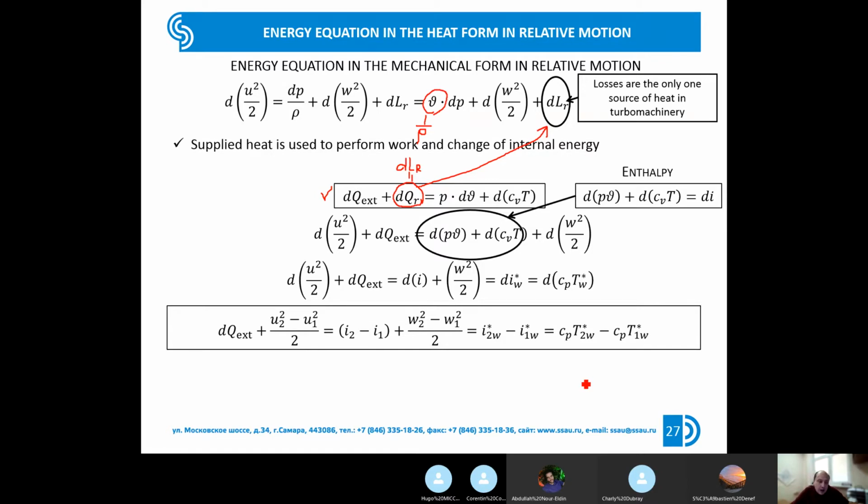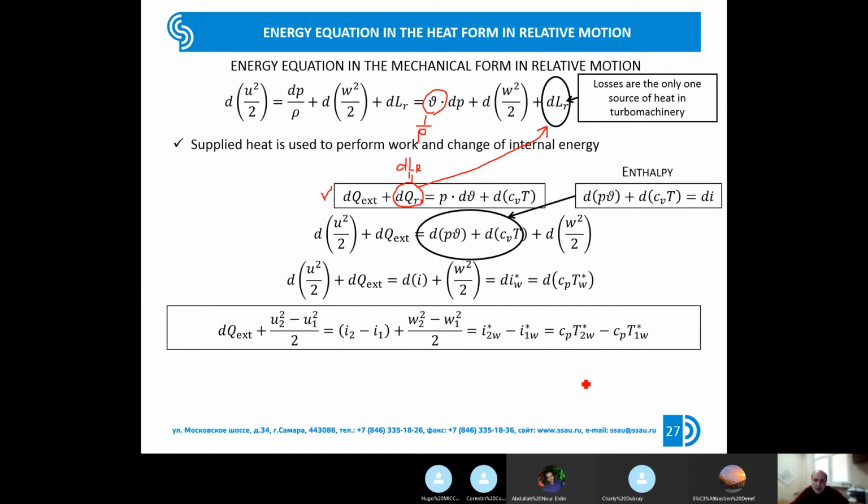I hope you previously received this equation during the course of gas dynamics or maybe the thermodynamics course, but very often the professors who lecture about thermodynamics and gas dynamics miss this equation, maybe because they do not think it is very important.